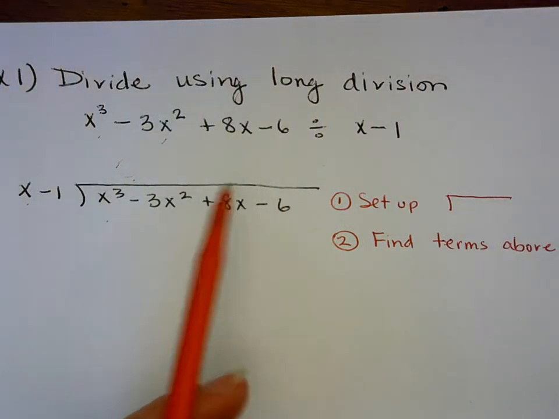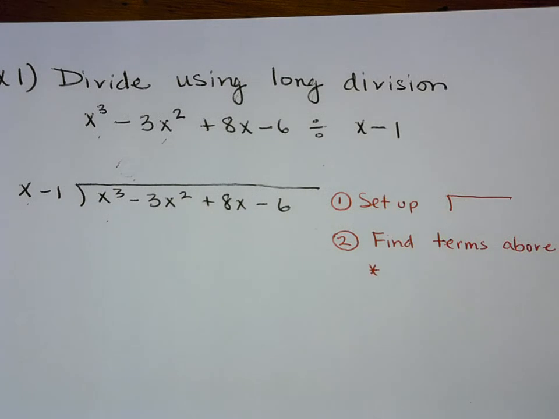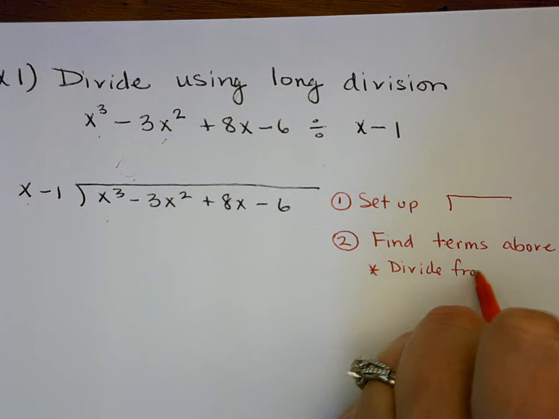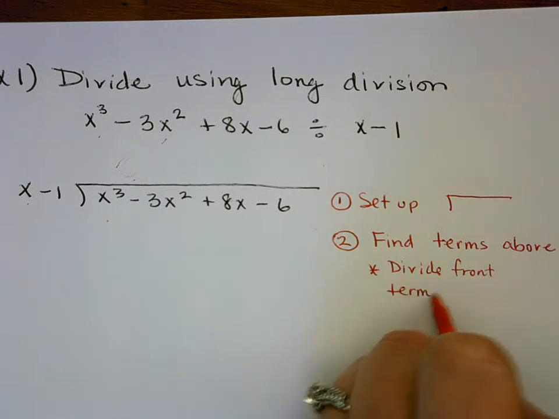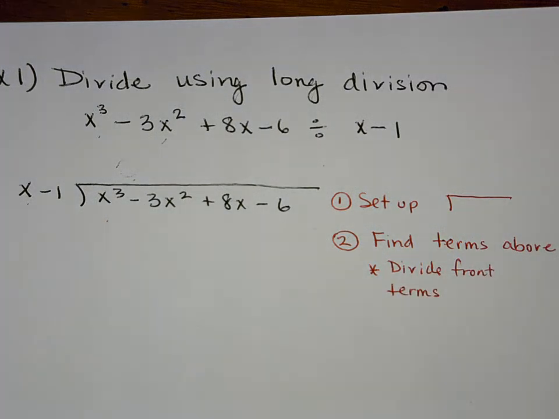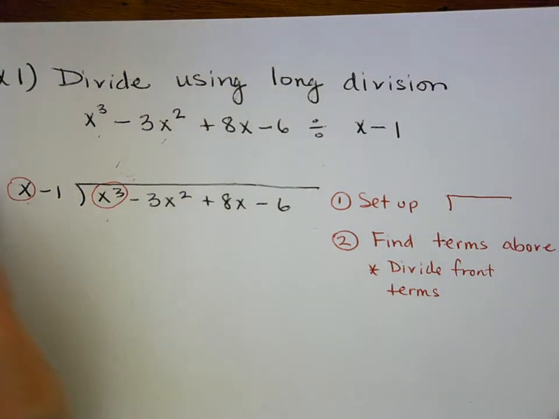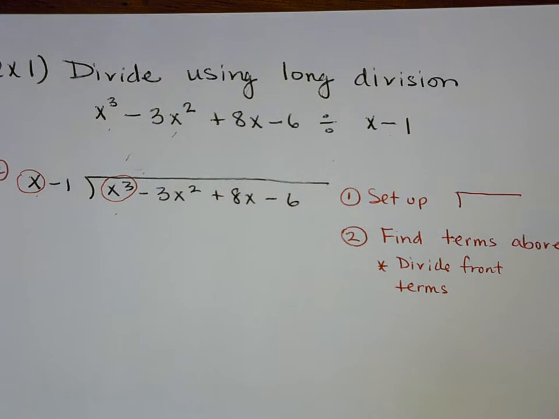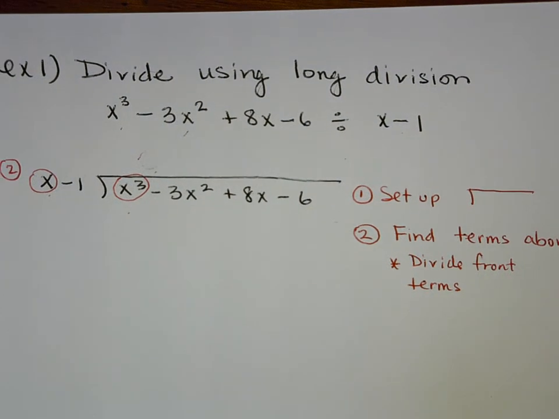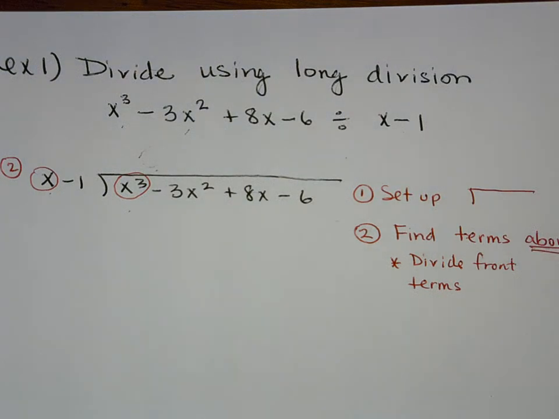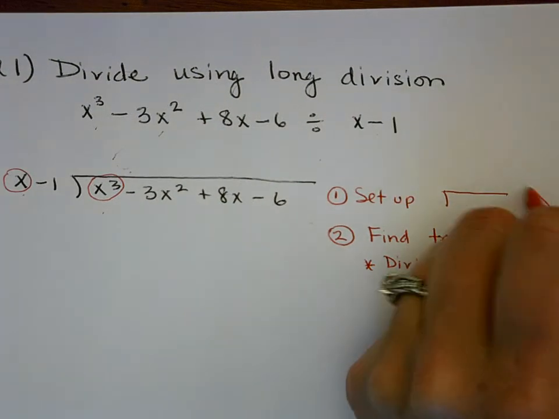And then we're just going to divide our front terms. So we're taking our x cubed and our x, that's our step 2. We're going to divide them, and that's what's going to give us the number above, because we're looking for the terms that go above. So what are those numbers there?